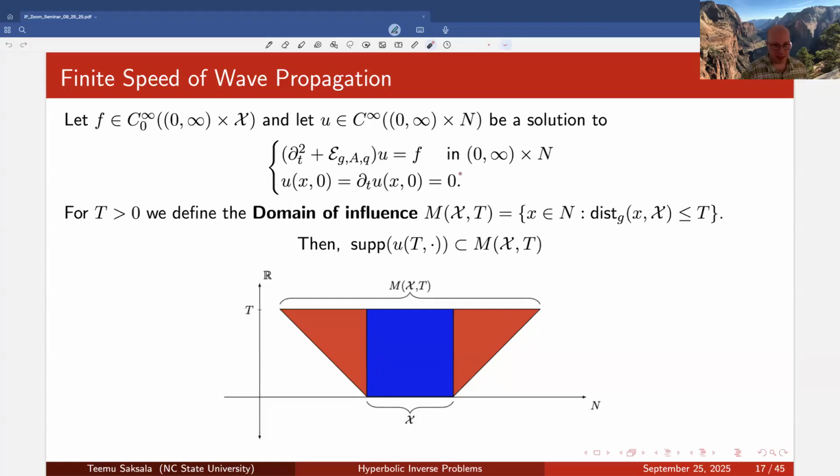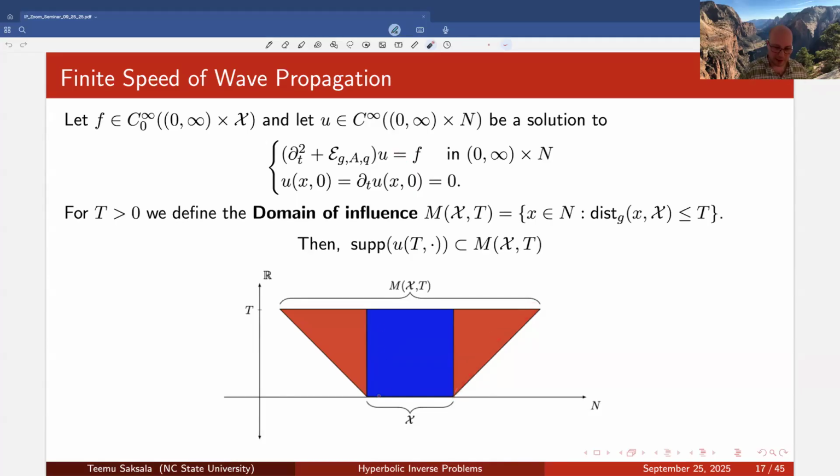I now need to make a case that my waves propagate according to velocity related to this distance. So if I look again at a wave equation with an interior source, supported in this blue set in my space-time cylinder, then all the waves will start to propagate at the speed of light.